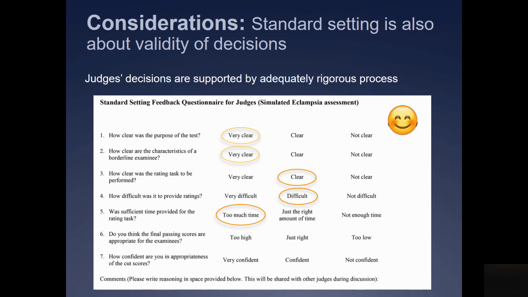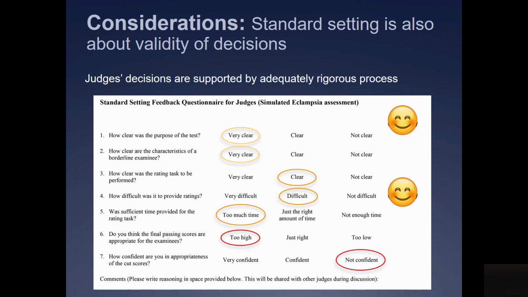Now, where we start having trouble and where content validity may be threatened is when we start getting into certain questions that may raise red flags, and so then we have some rigor issues and may have to go back and revise our standard setting process. For example, in item 6, do you think the final passing scores are appropriate for examinees? If it says too high or too low, that could be a problem.